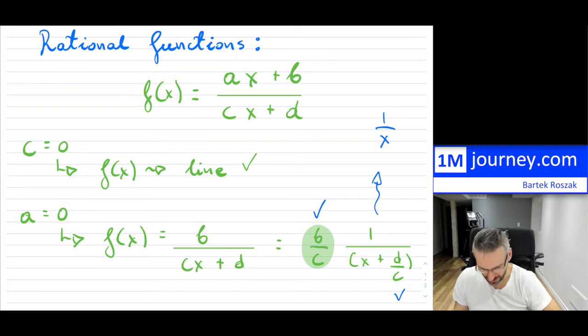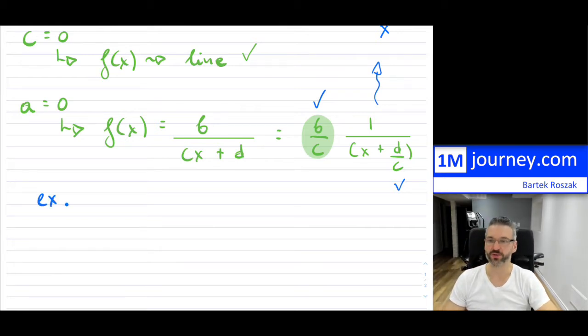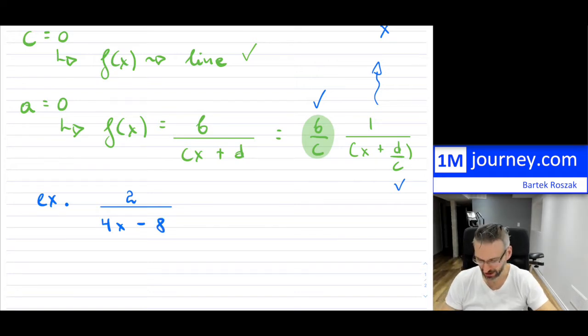So for instance, let me take a look at an example of the case when a is equal to 0. So let's say I have something like this. I would have maybe 2 all over, so this is my f of x, and then let's say this is 4x minus, I don't know, let's say 8, okay, so something like that.